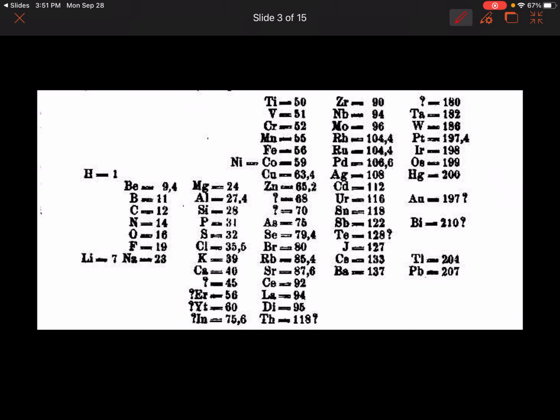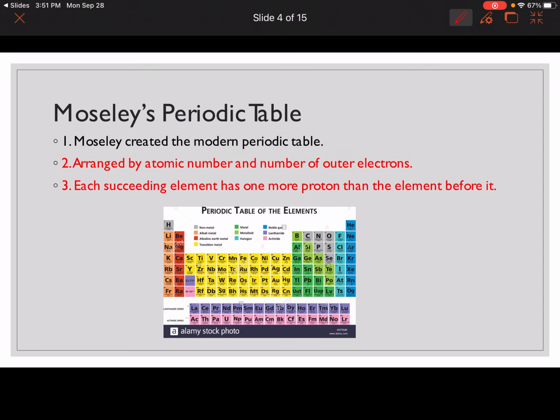This was his periodic table here. As you can see, he left all these spaces because he knew there were other elements yet to be discovered. Of course, this periodic table doesn't look nearly as nice as the one we use now. The other one is quite pleasing to look at.